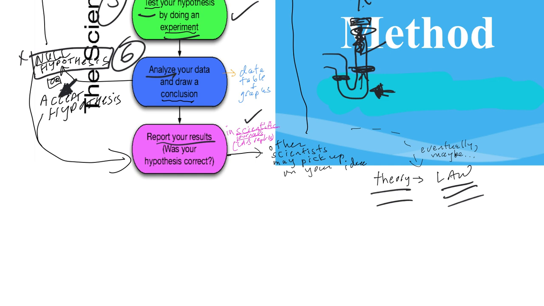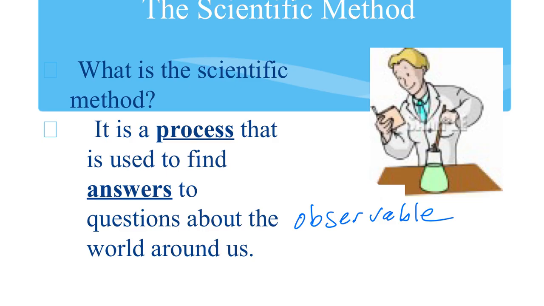So a law is not absolute. It can change. A scientific law can change, just like a human law can change. So I'm just going to move on through these pages and just kind of review what I just talked about.